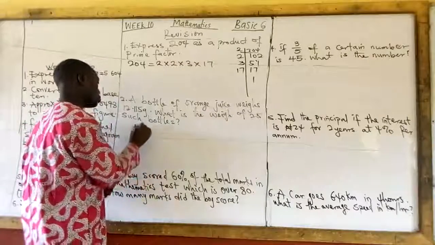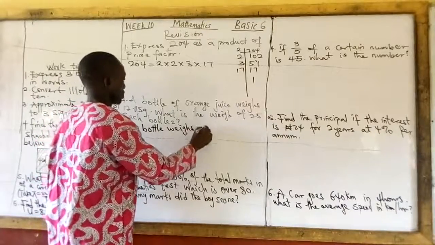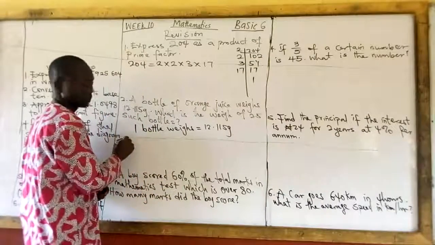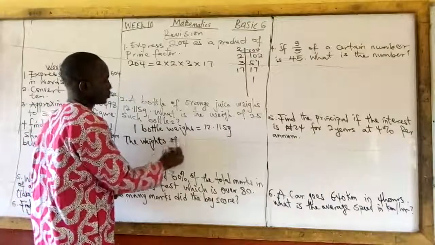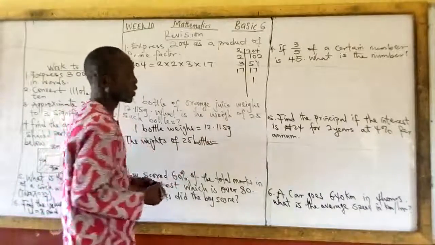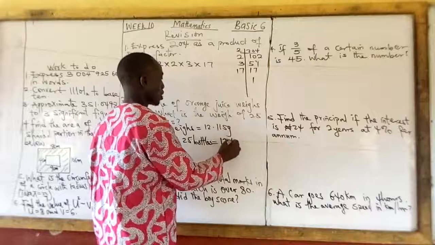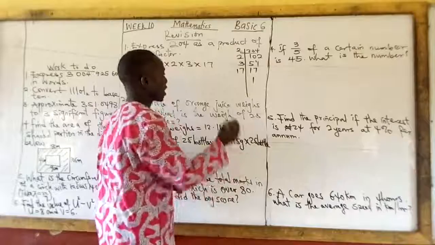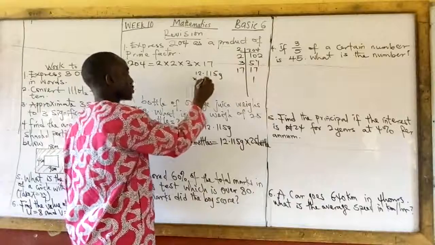Now, if one bottle weighs 12.115 grams, what will be the weight of 25 bottles? That will be 12.115 grams multiplied by 25 bottles. Now, how do we go by that?